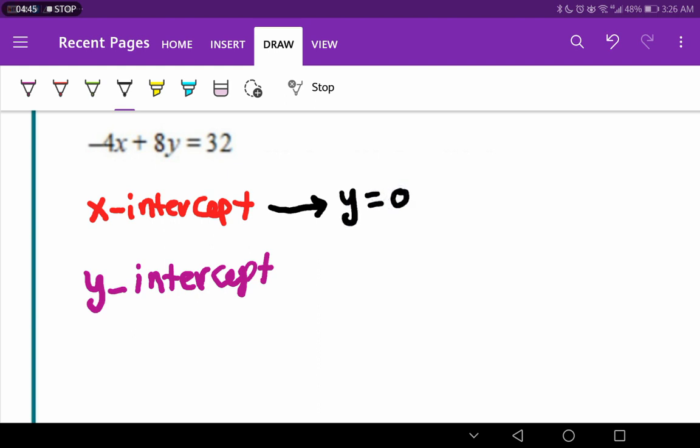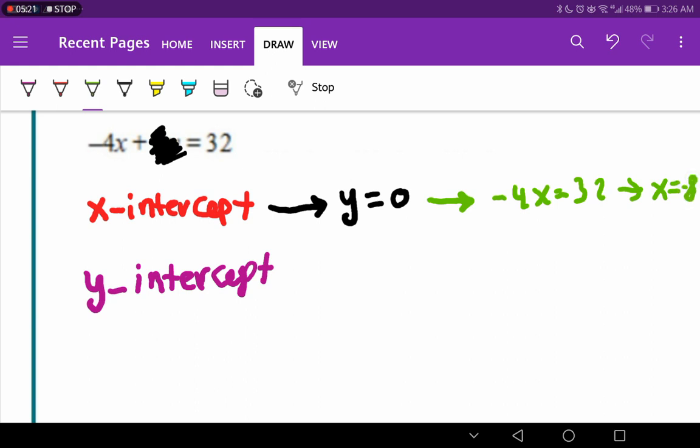If y equals 0, that means cancel this part, the y and its coefficient. That means negative 4x equals 32, and that means x equals negative 8.